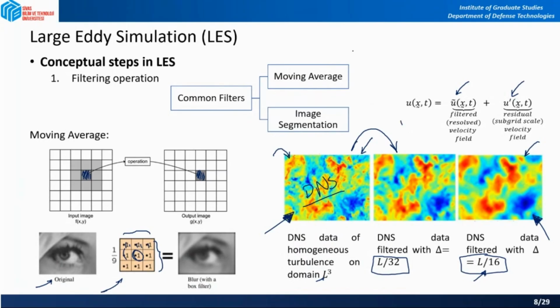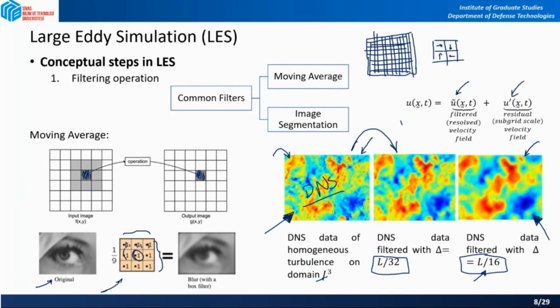For example, if you have a field like this and you put a grid on it, probably you remember that in order to resolve a vortex, you have to have at least four grid points to show one vortex, like this vortex that I'm showing to you.